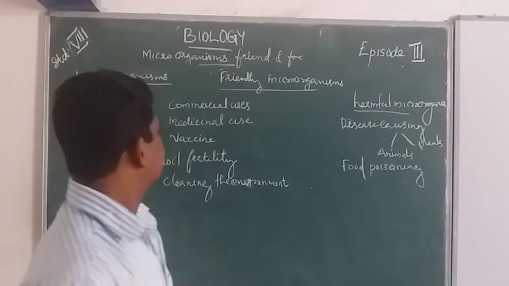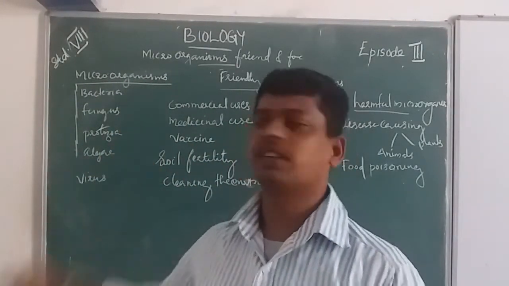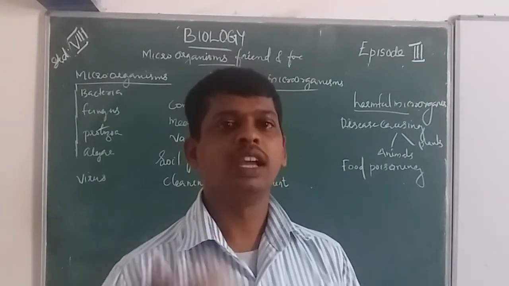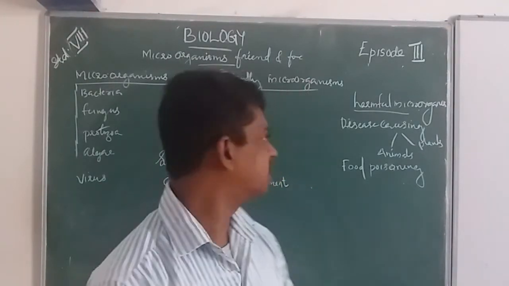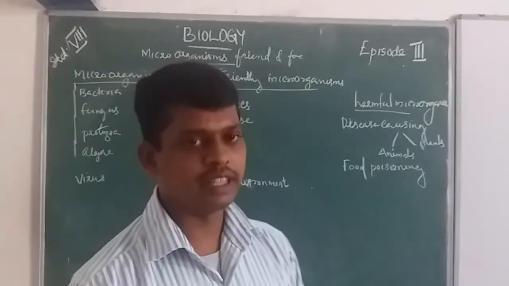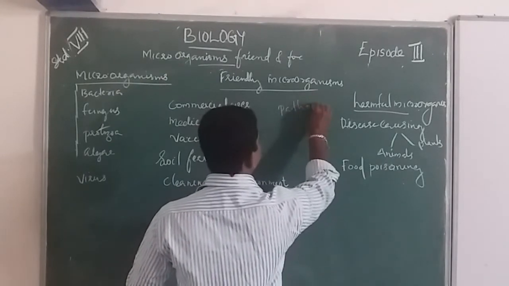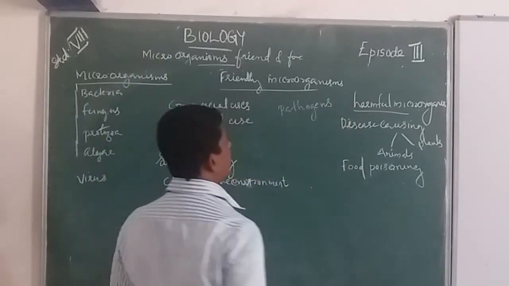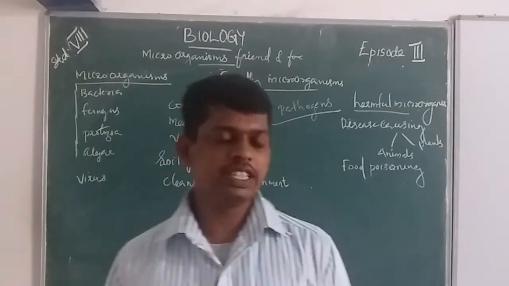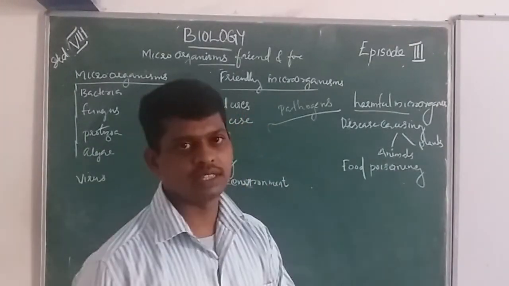And next is harmful microorganisms. Many microorganisms are harmful to the human body, and to other plants and animals, etc. They cause disease. In simple words, these are pathogens. Pathogens are the disease-causing organisms. Disease-causing microorganisms are commonly known as pathogens.